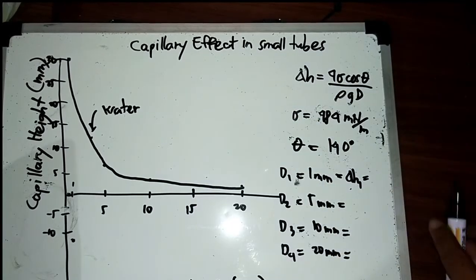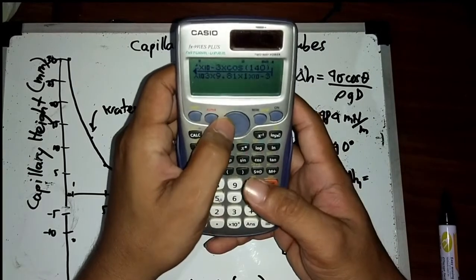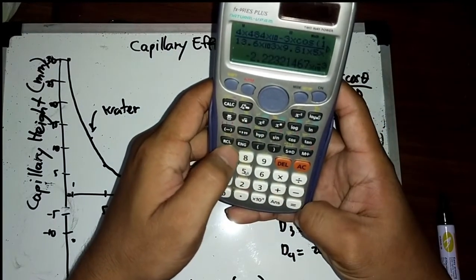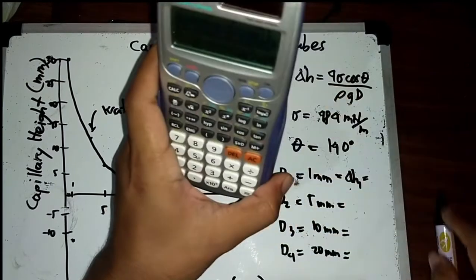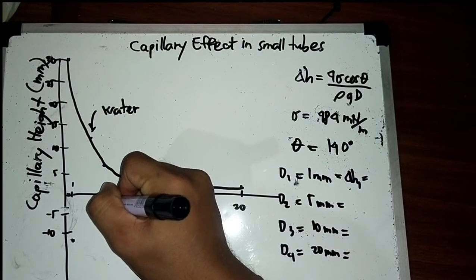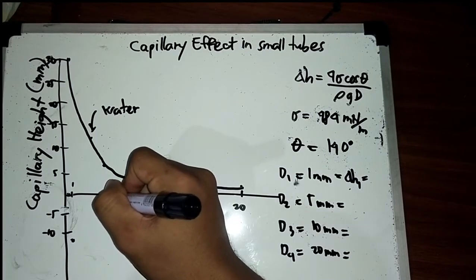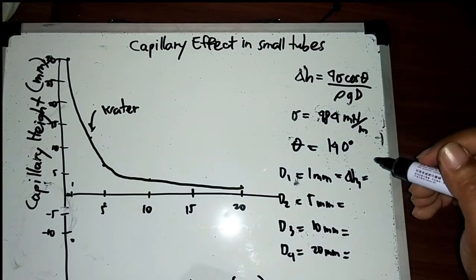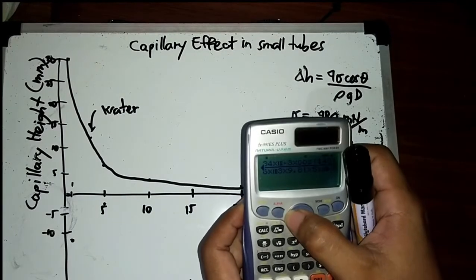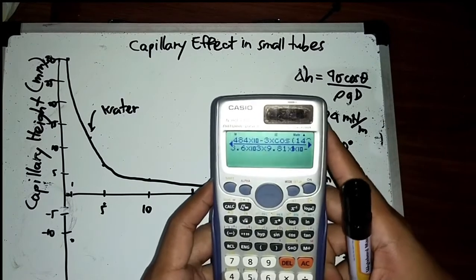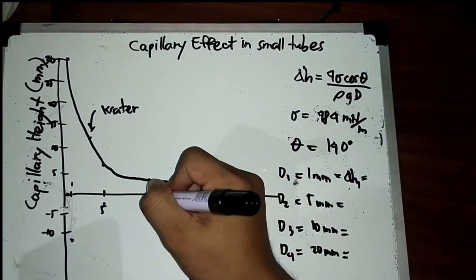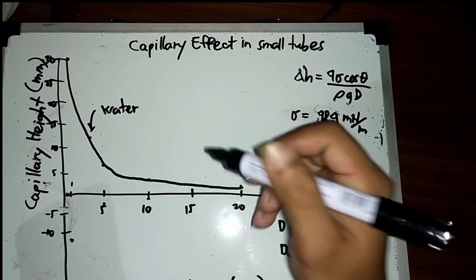For 5 mm, we'll just substitute the diameter by 5. So the answer will be negative 2.22. Then for 10, we substitute 10, so negative 1.11.